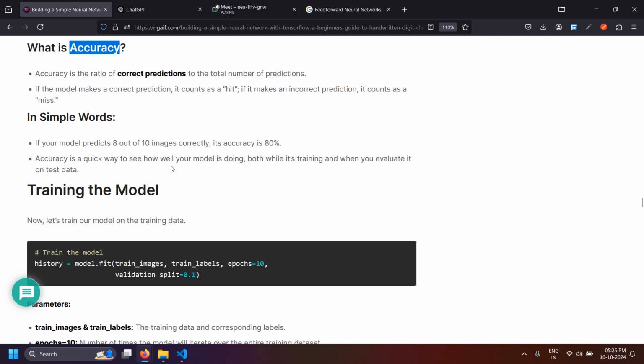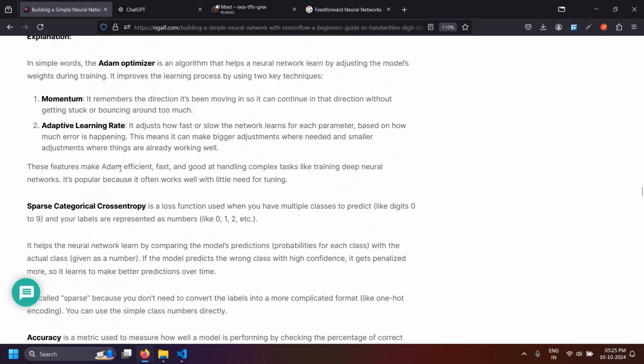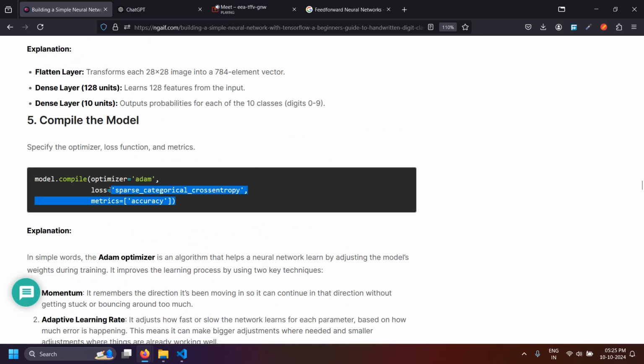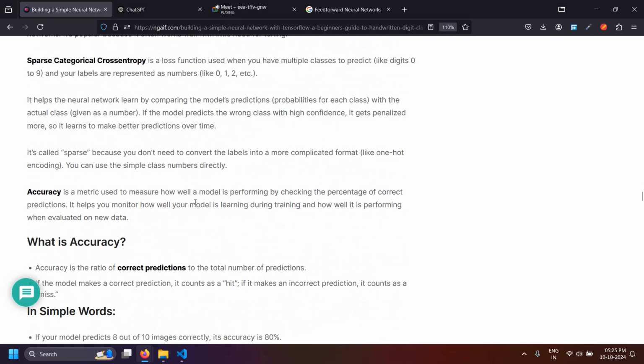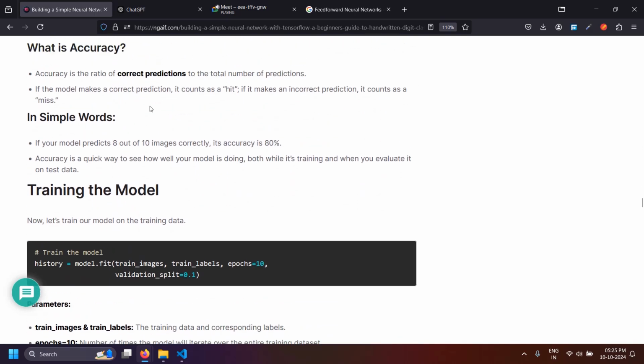Accuracy is a quick way to see how well your model is doing, both while it's training and when you evaluate on test data. So I told you what these arguments mean and how they work while compiling the model. Now if you have any question regarding this, you can ask.